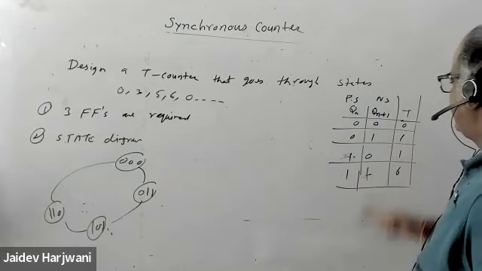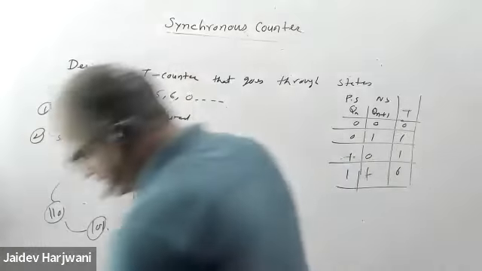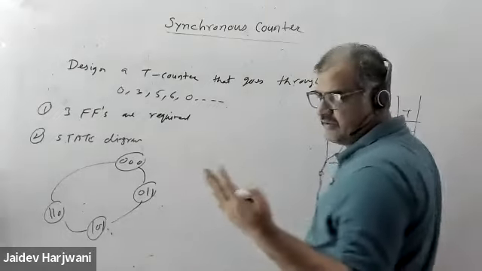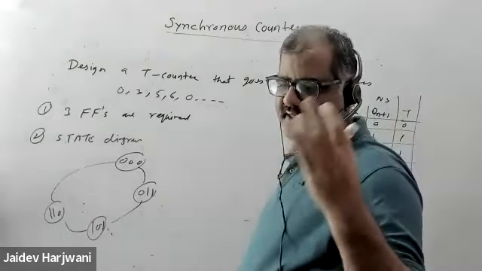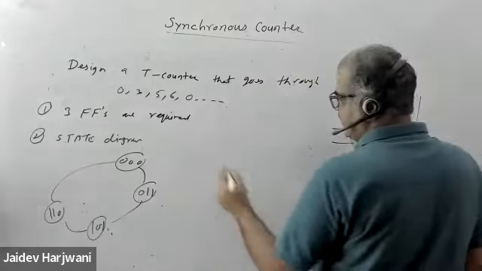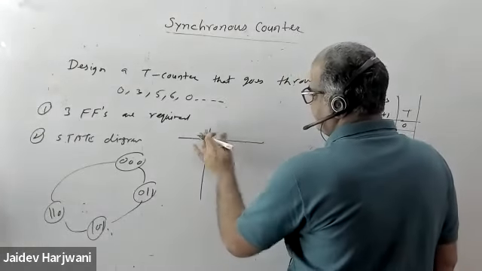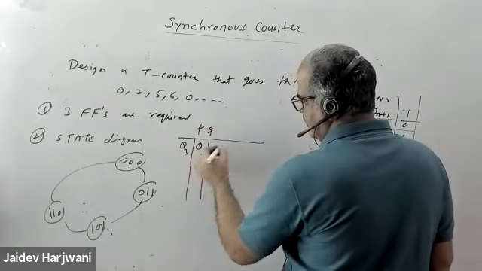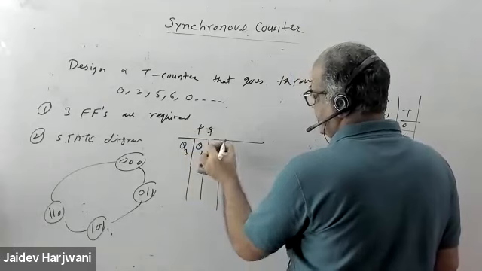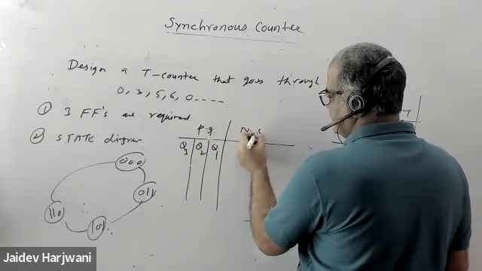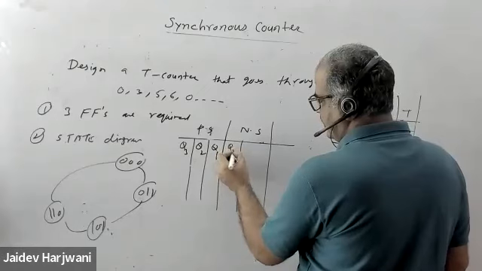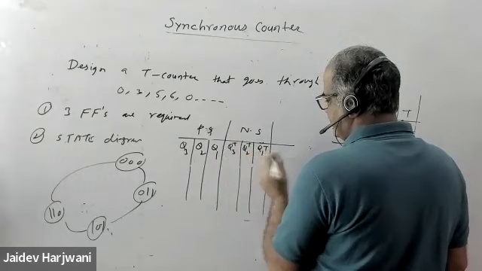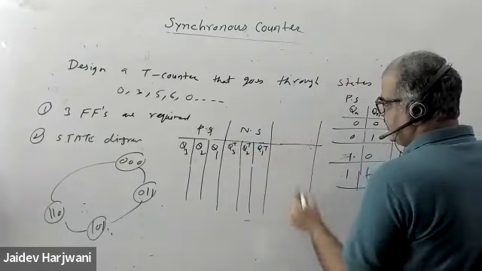Now you have the excitation table, remember this one. Now you can write your T flip-flop. There are three inputs: T3, T2, T1. That value you have to calculate. So you have a present state. Present state is your what? Q3, Q2, Q1, because 3 flip-flops you required. The next state is again Q3 plus, Q2 plus and Q1 plus, and you need the required inputs.